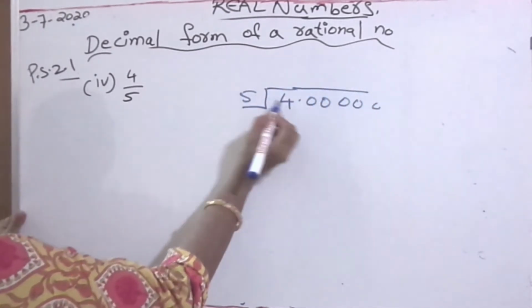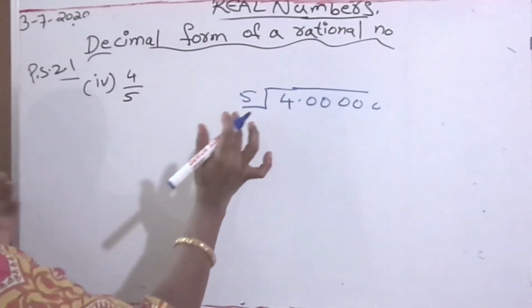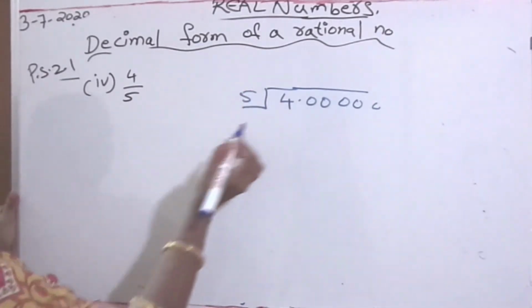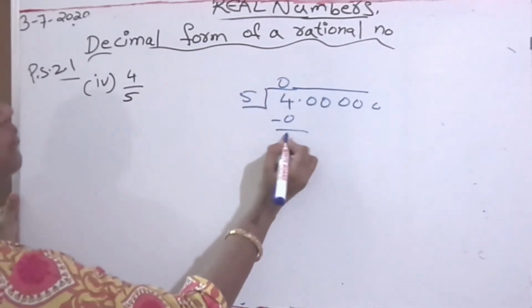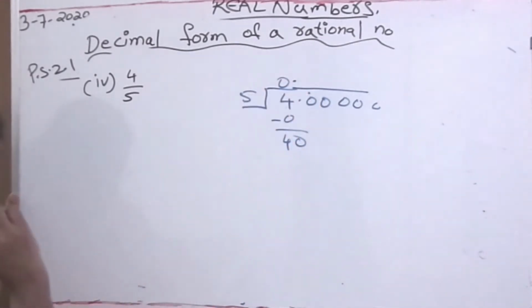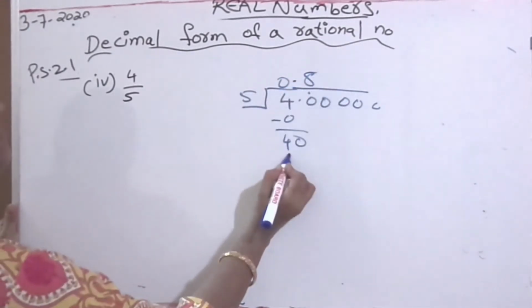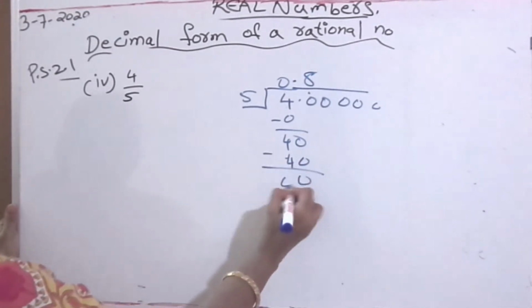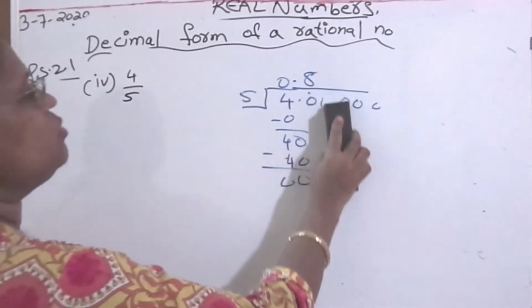We don't know how many we need. 5 goes, okay, I think 5 goes in 4 how many times? It does not go. Put on the next 0. Put a decimal point. How much are you getting? 5 8s are 40. Over this much only. So no need of these zeros.